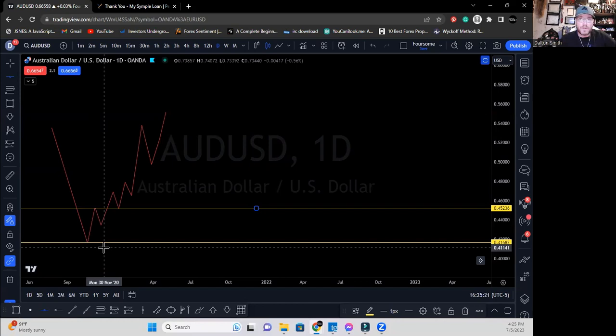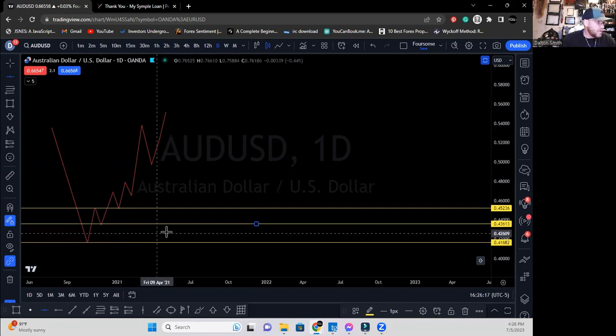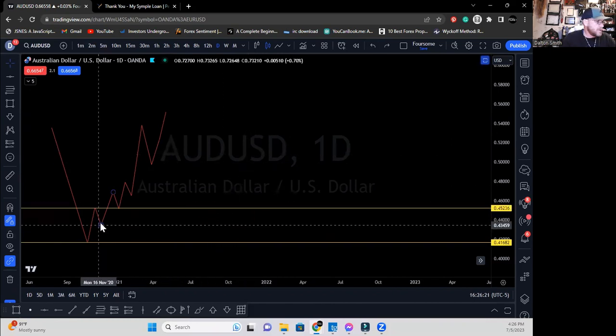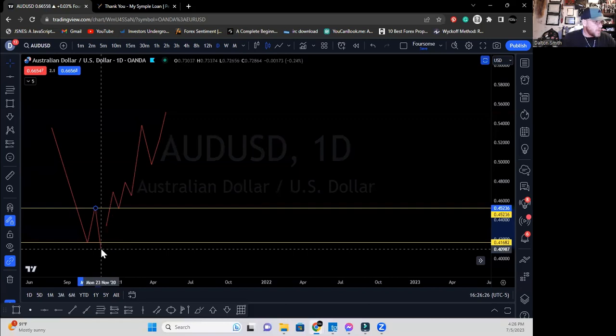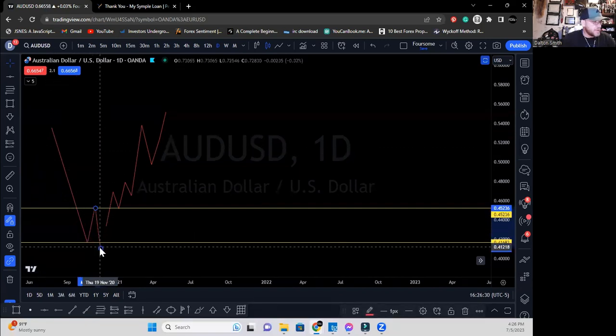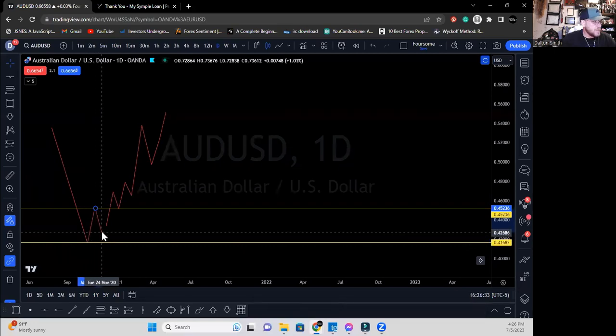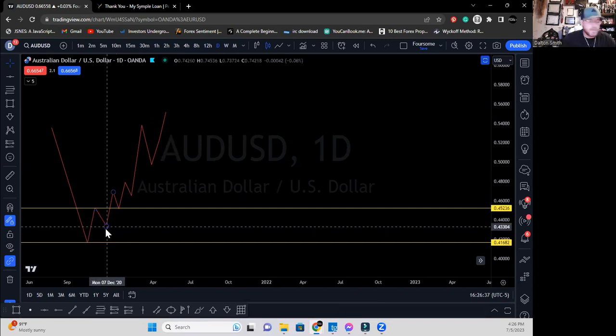So the higher low cannot go below the previous low. This low, if it went down below here, this would be a downtrend. But since we didn't break this low and we made a higher low, we know that something is changing.